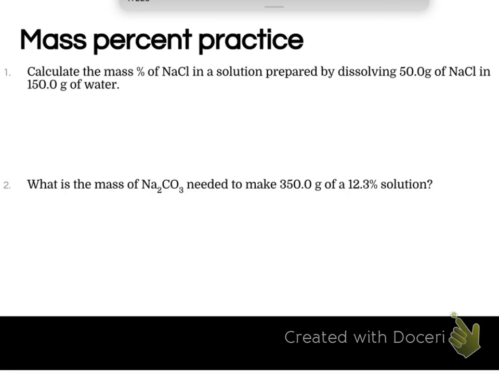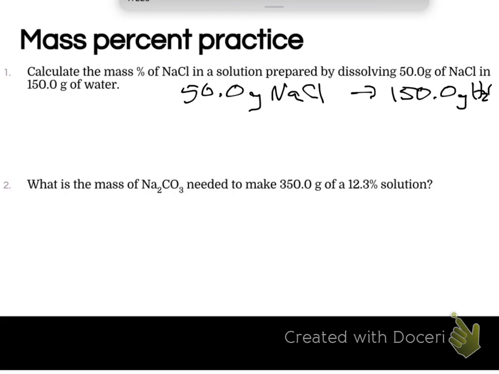So it says calculate the mass percent of NaCl in a solution prepared by dissolving 50 grams of NaCl into 150 grams of water. So the fact that there's 50 grams of NaCl and 150 grams of water tells me that the water is the solvent and the NaCl is the solute.